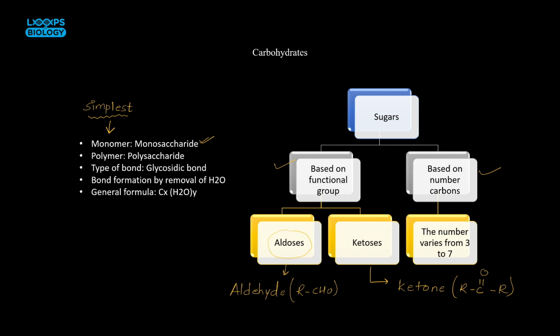Whenever I am going to add these monosaccharides together through the anabolic pathway, so whenever monosaccharides are undergoing anabolism, they are following the anabolic pathway. During that anabolic pathway, I'm going to form my polysaccharide. And for joining any monosaccharide, there should be some bond. Suppose this is my monosaccharide of sugar and this is joining to another monosaccharide.